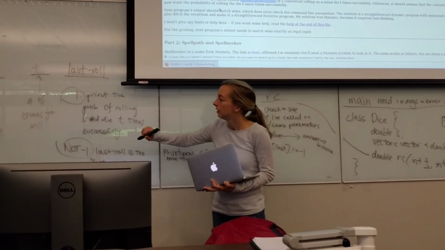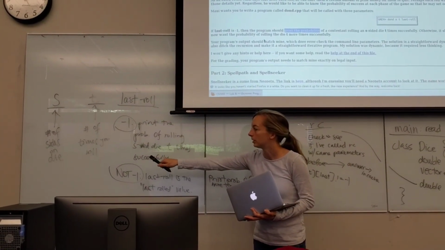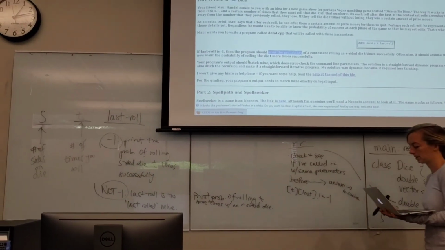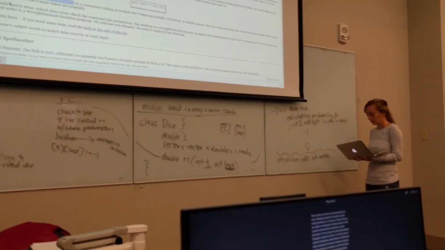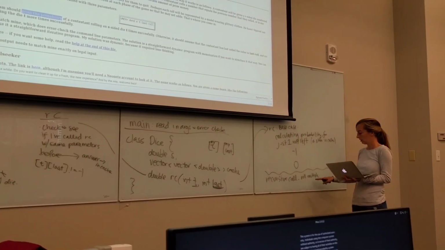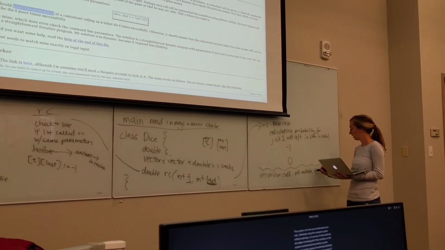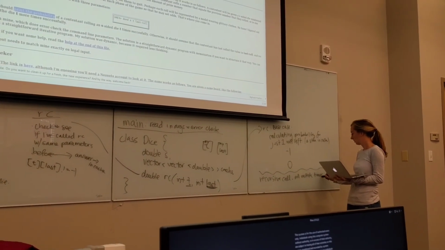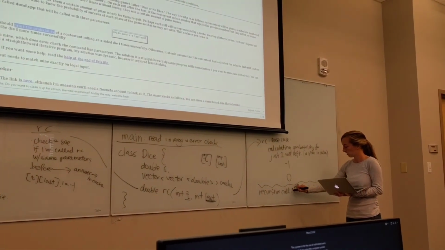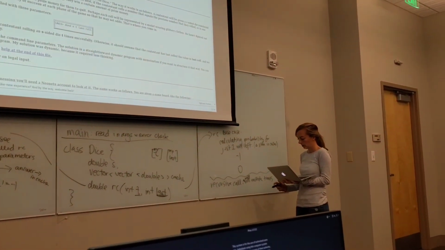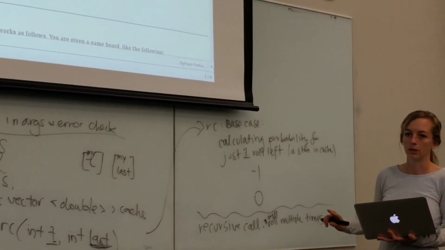You want to see if the probability of succeeding if you roll this number of times with this number of sides on the dice. If you're in that kind of situation, so I'm going to just say that situation is you will roll multiple times. If you're in that type of situation, then the first roll is always going to succeed. So you're kind of just going to forget about that.